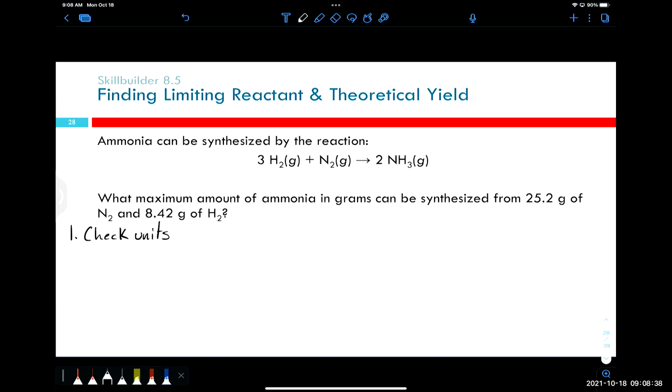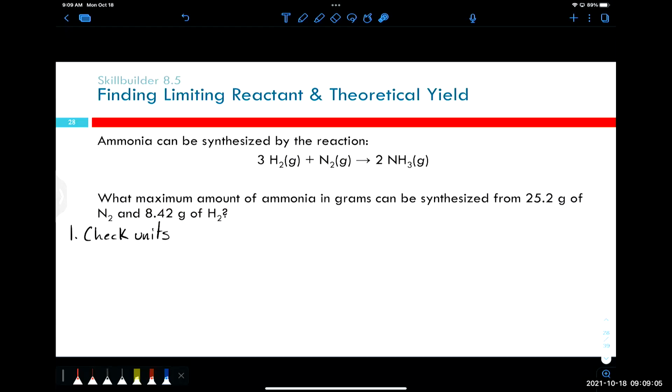After determining that it's a theoretical yield problem, which this one uses slightly different terminology, but it asks what's the maximum amount of ammonia in grams that can be produced or synthesized. And so this is a synthesis reaction, taking 2 things and combining them together, from this mass of nitrogen and this mass of hydrogen.